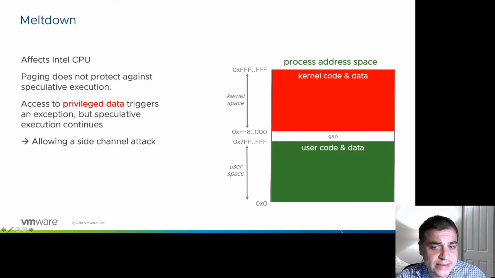To further understand the implications of Meltdown, consider the common address space layout of a process as shown here. The bottom part of the area holds the user space application code and data, and the top part holds the kernel space, including the kernel code and data.